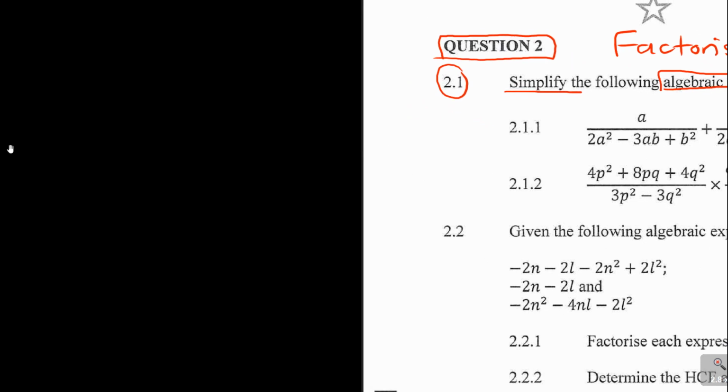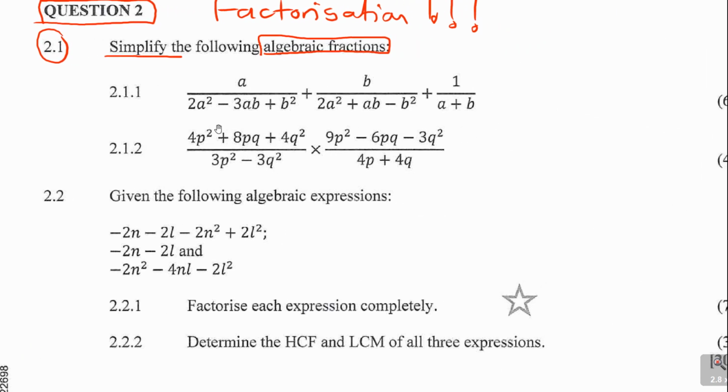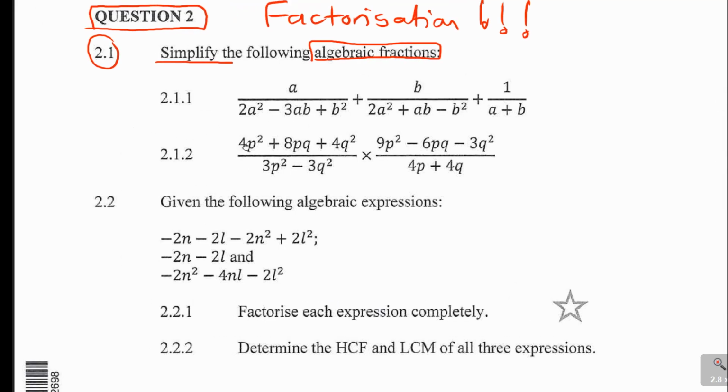So let's go with the first one. Let me just study this. The top is already simplified, even the second one and the third one. What I need to focus on is the bottom, where I'm factorizing these fractions, which is addition. Let's take it one step at a time.